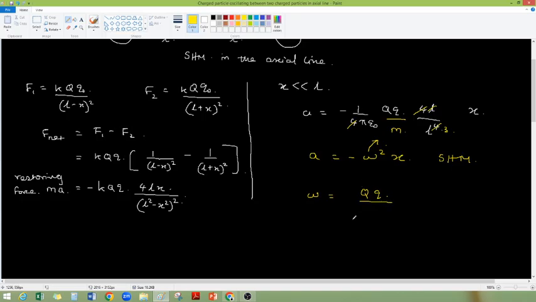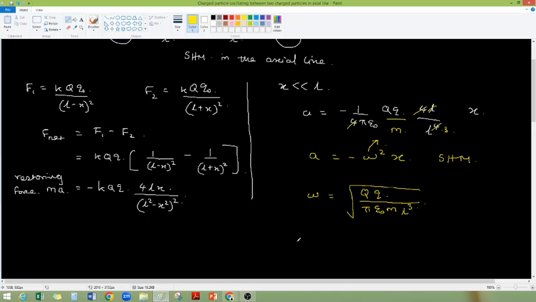Okay, pi epsilon naught m. Then don't forget there is a square root. There is an L cube here. That's all I think. I hope I have not missed anything else.